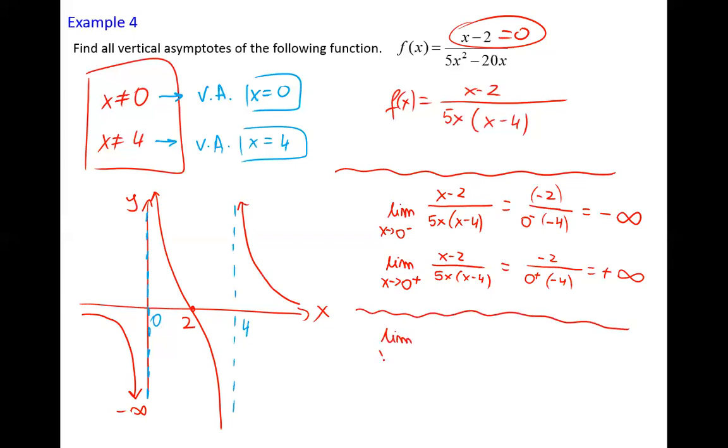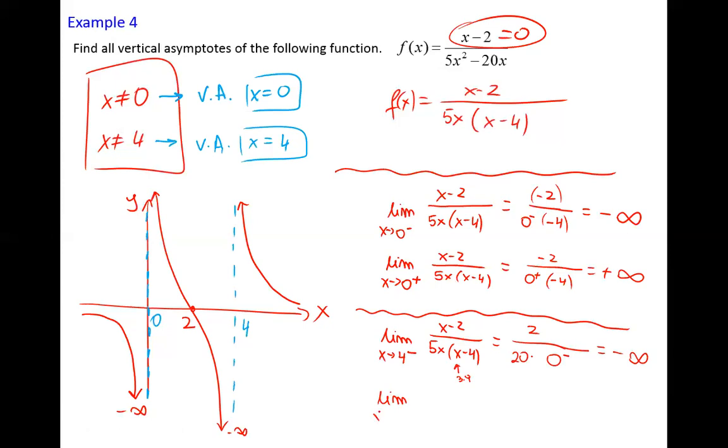Let's compute the limit as x goes to 4 from the left-hand side, x minus 2 over 5x, x minus 4. 4 minus 2 is 2, positive. 5 times 4 is 20, positive, because I'm only looking if it's positive or negative. And 4 minus 4 is 0. But on the left-hand side, I do have a value 3.9. 3.9 minus 4 is negative. That means positive 2, positive 20, but negative 0 will give me negative infinity. And we can see negative infinity.